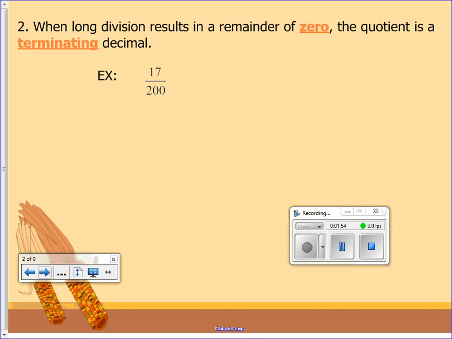When long division results in a remainder of 0, the quotient is a terminating decimal. We're going to take this fraction and put it in decimal form using long division.